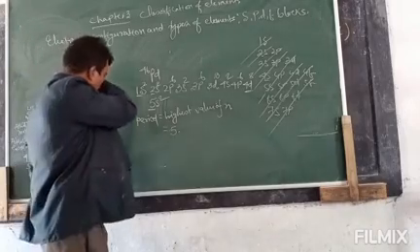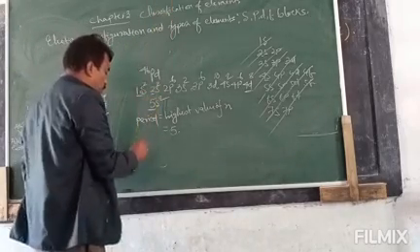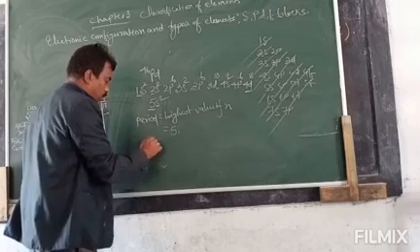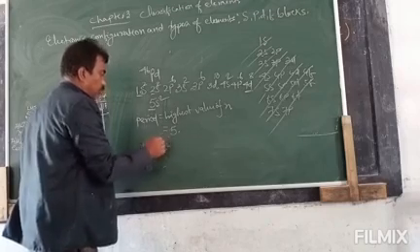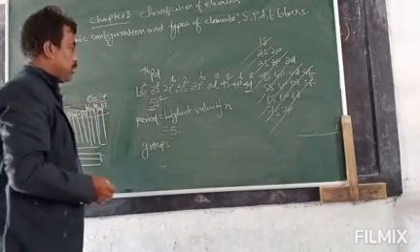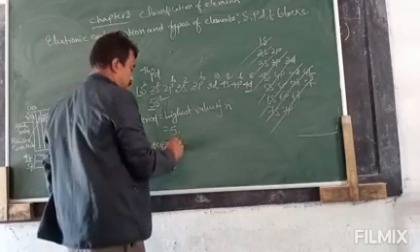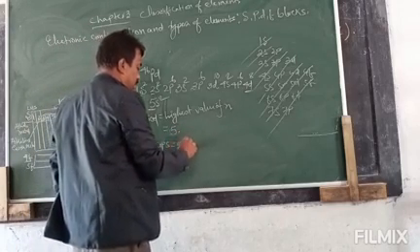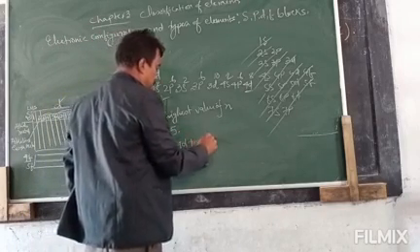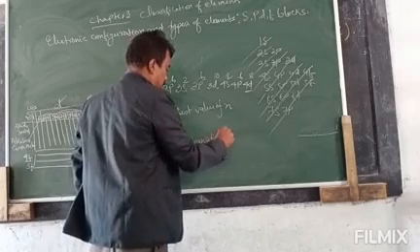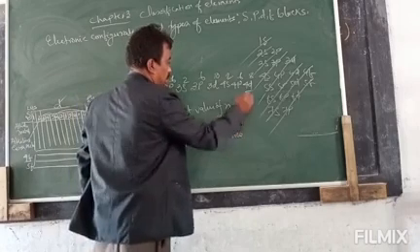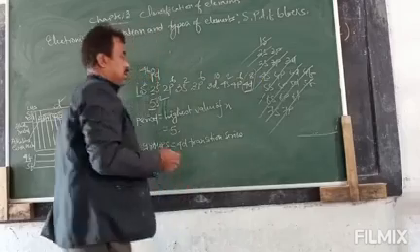Again, we need to find out the group. In the groups, it is of the d group. That is, it is in the 4d transition series because the last electron is in d.